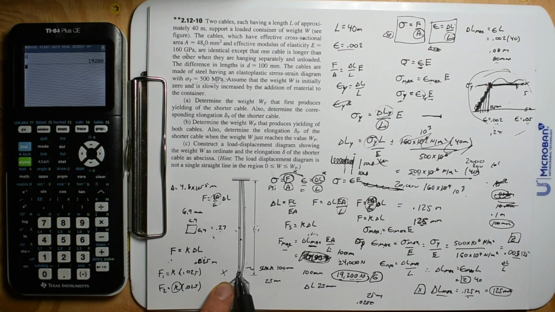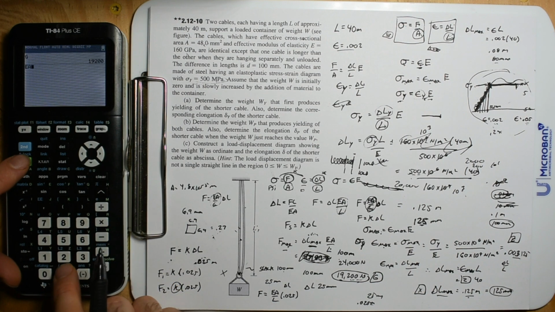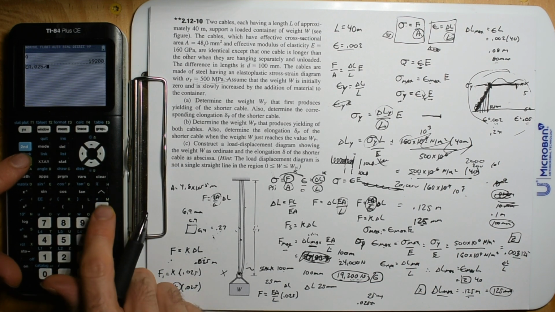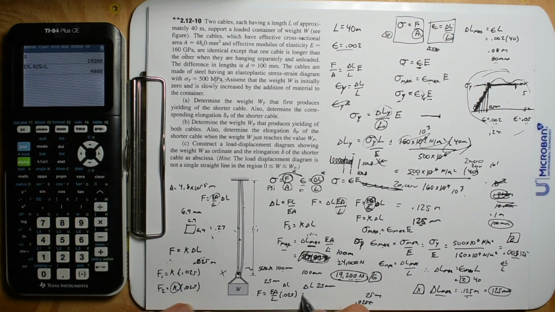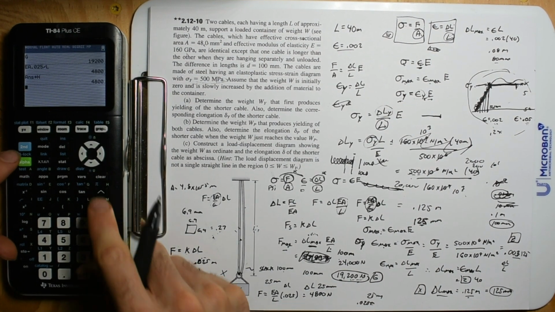For that new cable to stretch 25 millimeters, its force is equal to EA divided by L times that change in length, 0.025. Cool, let's do that. Alpha E, alpha A times 0.025 divided by alpha L. So that's 4,800 newtons, stored as alpha H.